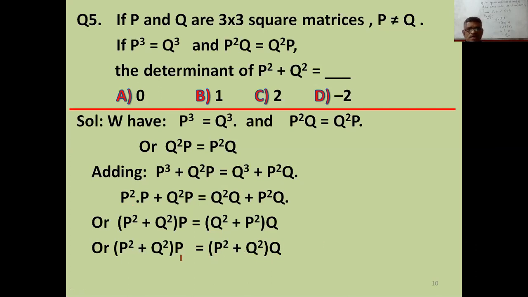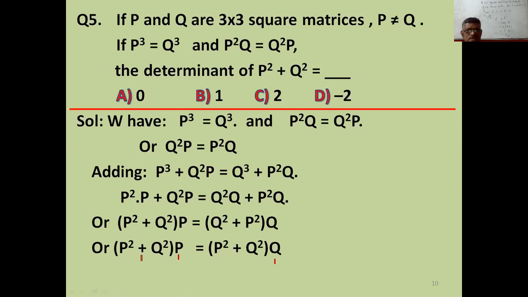As I mentioned earlier, if AB equal to AC and B not equal to C, then A will be a singular matrix. Can you recollect? AB equal to AC and if B not equal to C, then A is a singular matrix.